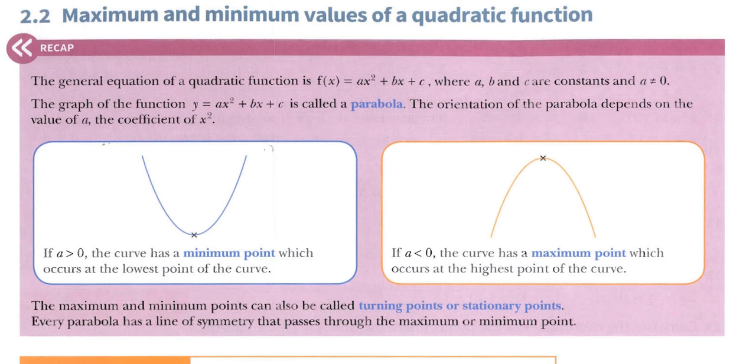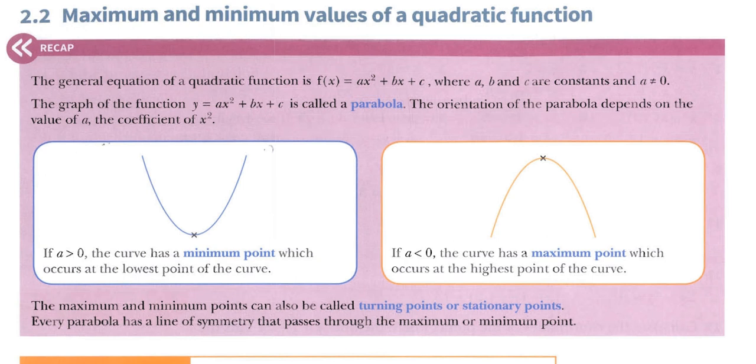Whenever we plot the graph of any quadratic function, we call this graph a parabola. So please keep in mind the name of the graph of a quadratic function is called a parabola.